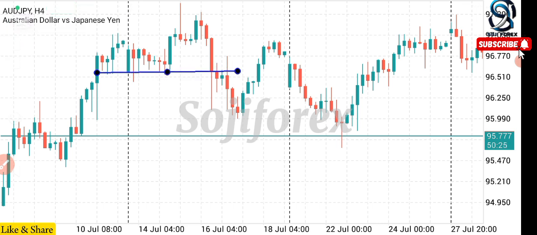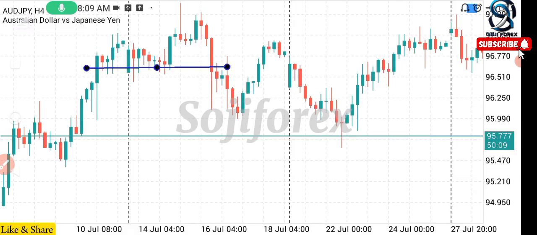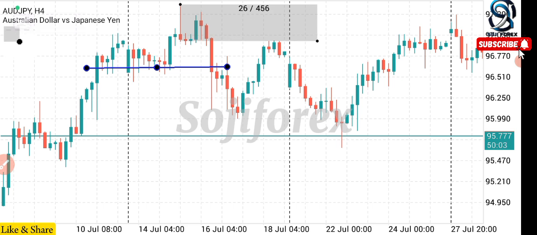So this is our break of structure here. So we say, well, we need to identify our order block. So I'm going to mark my order block, right? This is my order block. So that last candle there is my order block.